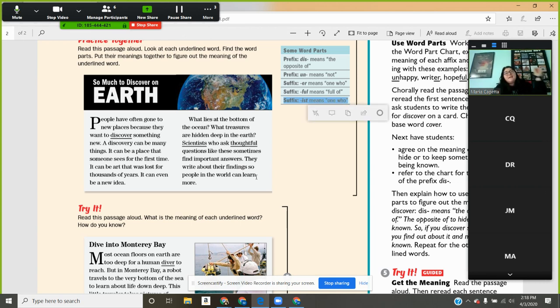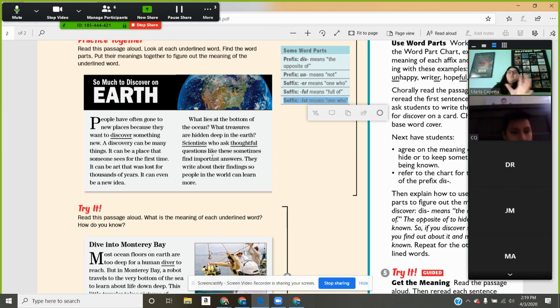So a scientist, if you break that word apart, is someone who studies science or does science, right? That's what they are. The letter S is also a suffix, but we'll do that on Tuesday when I see you guys then, so don't worry about it for now. Yes, when you put the S on the end, it's a suffix, because it goes at the end of the word and it changes the meaning.